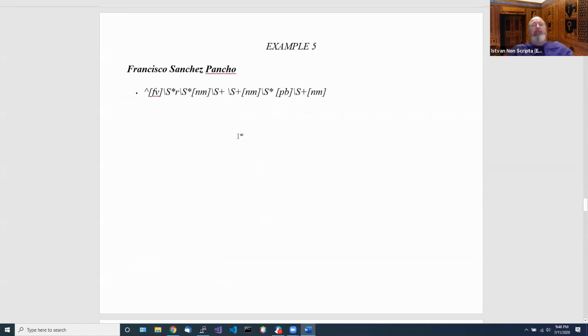So next example, we have Francisco Sanchez Pancho. Start of name is a fricative, vowel, R, vowel, nasal, some more stuff. Anya is very correct.